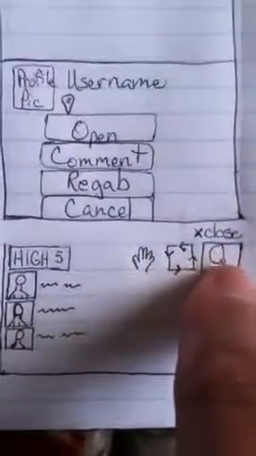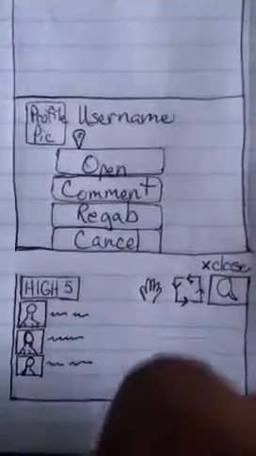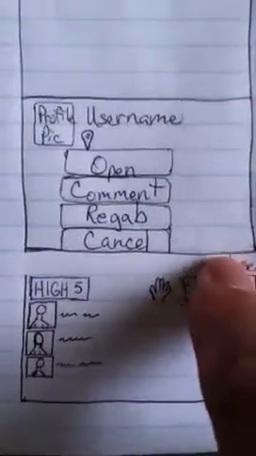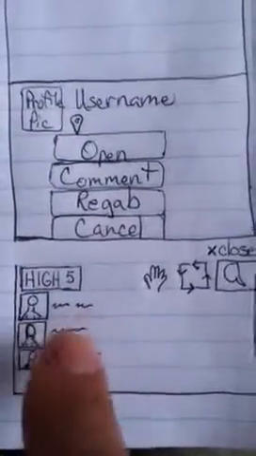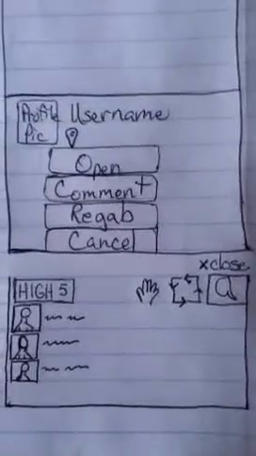It's the high five button. Have the high five count. This is the regab button. This right here is the comment section, and of course these are profile pictures with the name and whatever it said about the content. This right here is a close button where once you've seen this page, you can just hit close, and this page will go right back up under the picture.